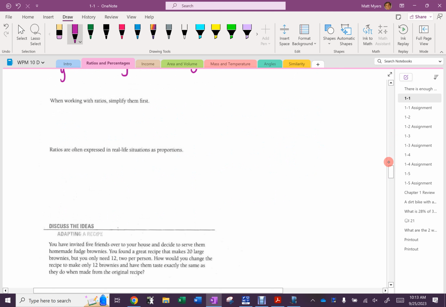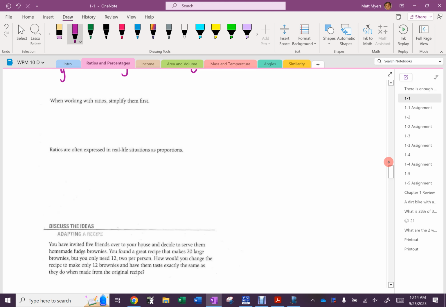So when you're working with ratios, you often want to simplify them first. Now, I told you in the intro unit that we don't simplify ratios, do we? Like if you just wanted to say in this building how many people are left-handed, you might write 400 to 1,007, right?